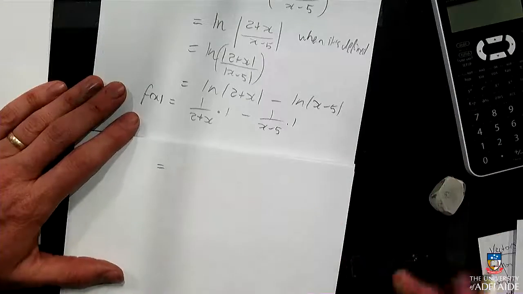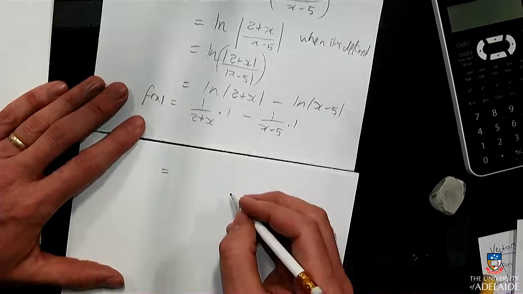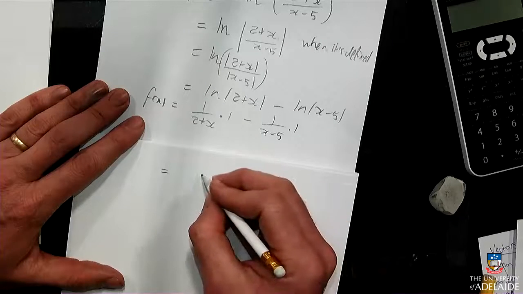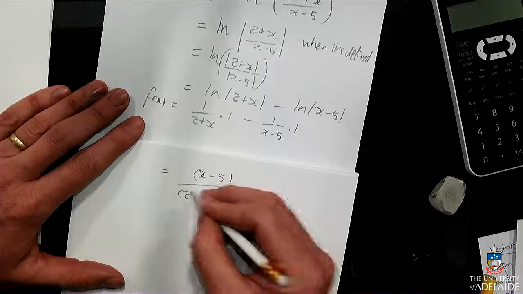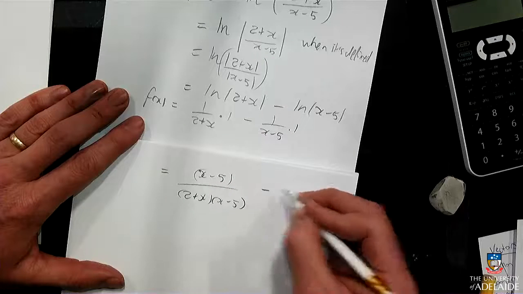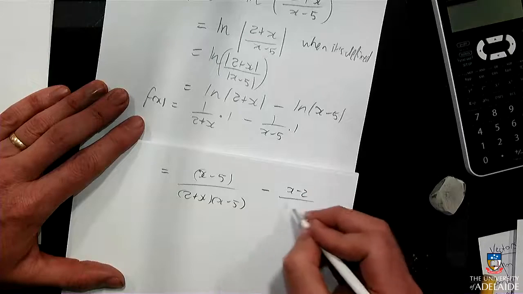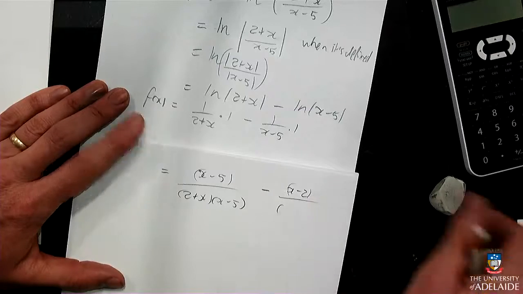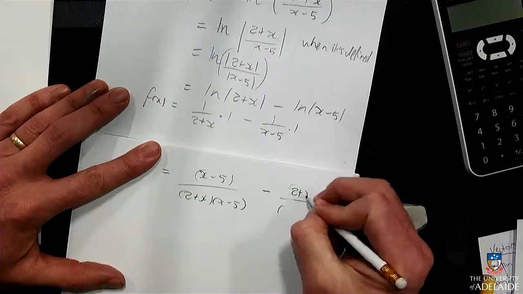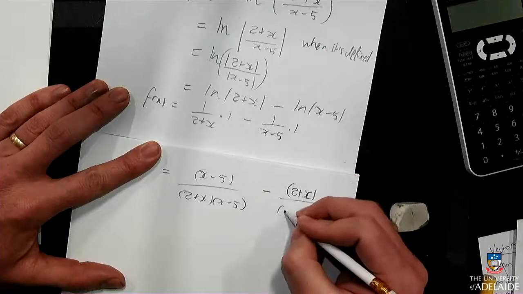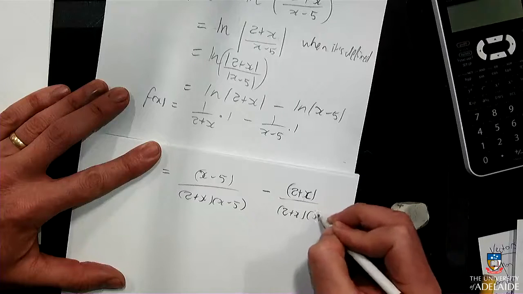And so I could put it over a common denominator if I wanted, just to see if it comes out to the same answer. So let's see, this is x minus 5 over (2 plus x)(x minus 5), and this is, sorry, not x minus 2, 2 plus x over (2 plus x)(x minus 5).